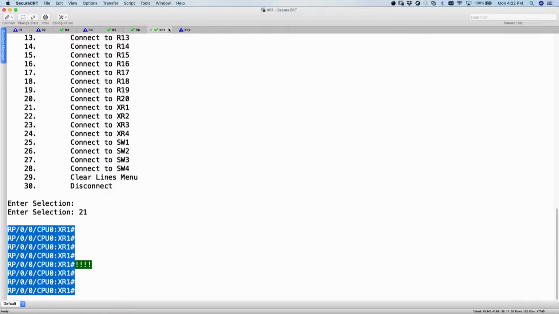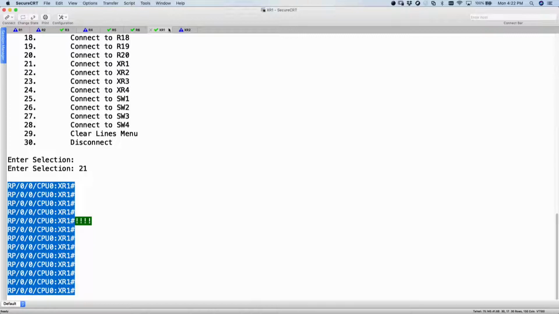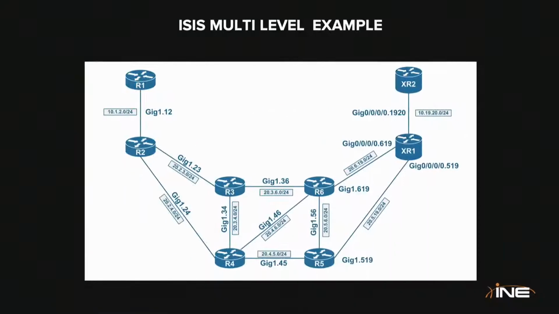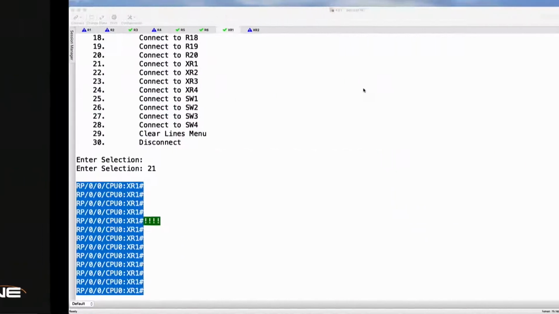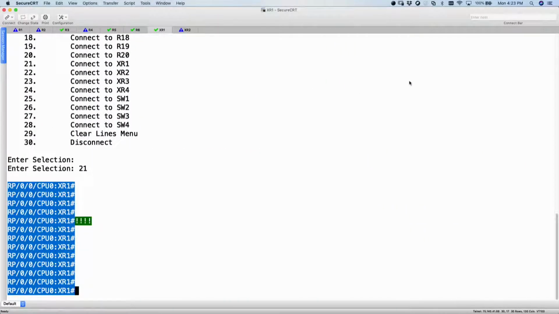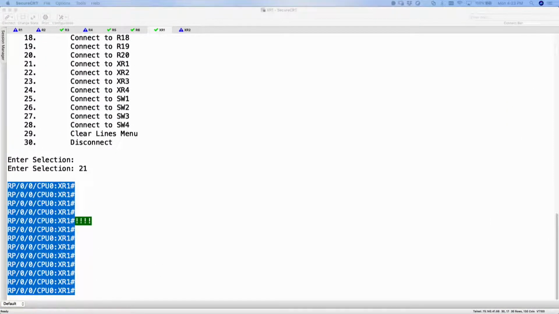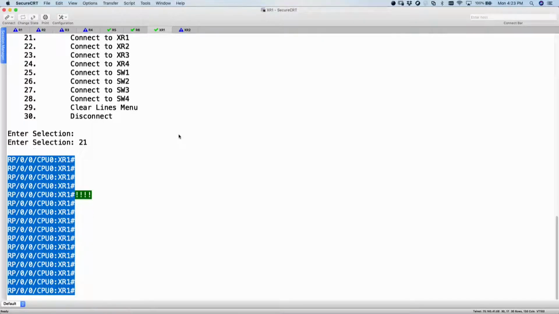And in the meanwhile, while the neighborship comes up, we will configure XR1 also. So configuring XR1 is not really different from configuring an IOS XE router. It's pretty much the same. Let's go and configure that.